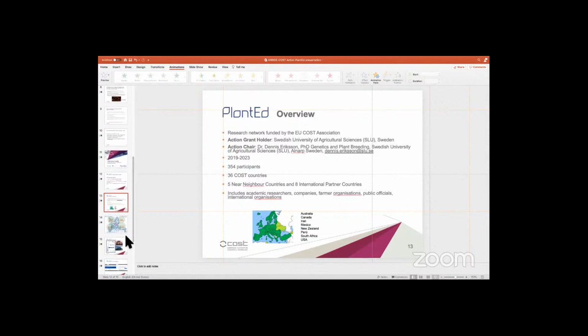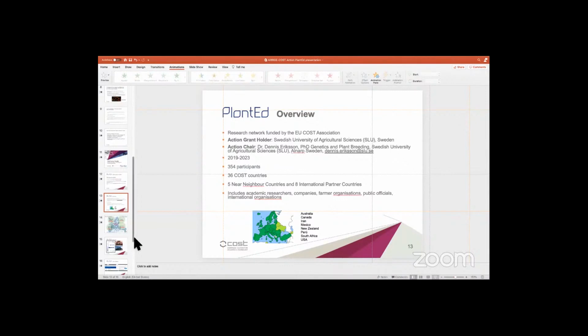Some numbers. The grant holder is the Swedish University of Agricultural Sciences, and the chairperson is Dennis Eriksson, who asked me to give this presentation. We started last year. We already have a lot of participants from all European countries, but also neighboring countries and further afield internationally in the rest of the world.